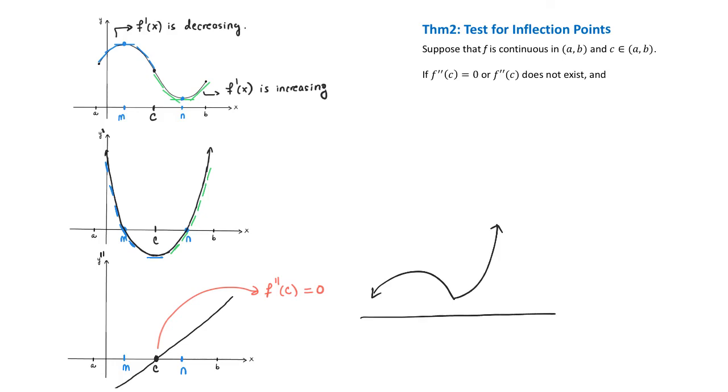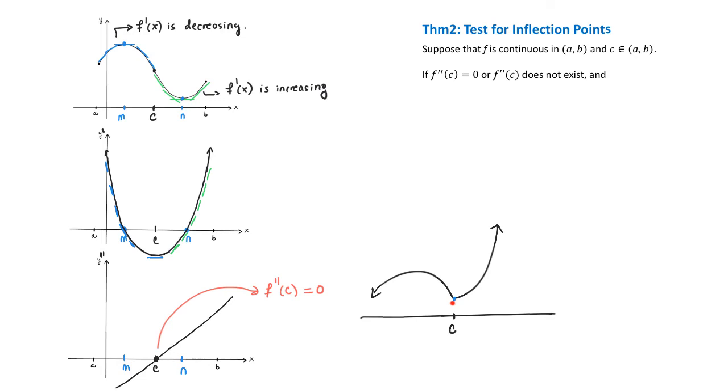Imagine this is now my c right here. And if you notice, exactly at this point right here, the concavity changes on either side of c. On the left of c, the graph is concave down, and on the right of c, the graph is concave up. However, there is a sharp corner there. So then the function is not differentiable.